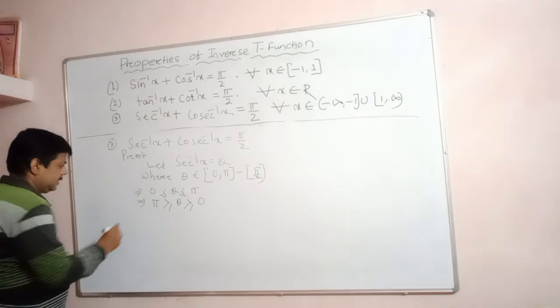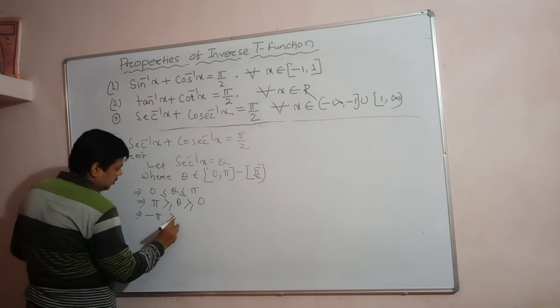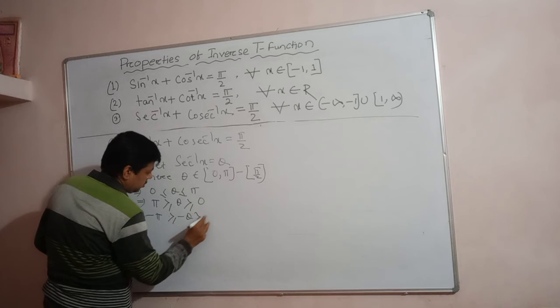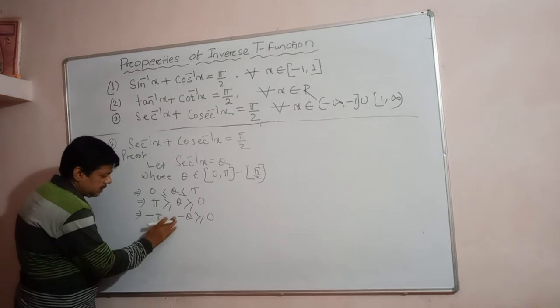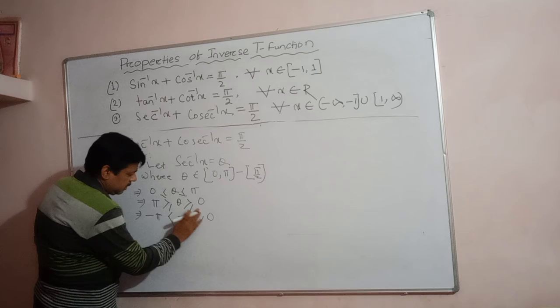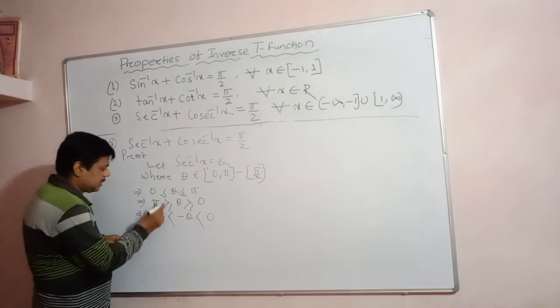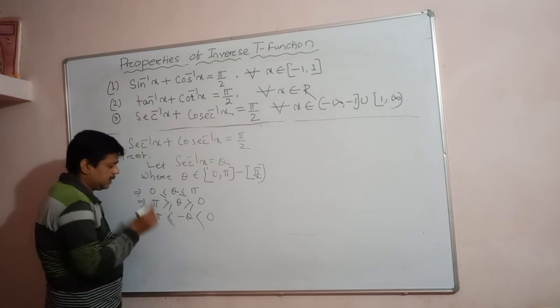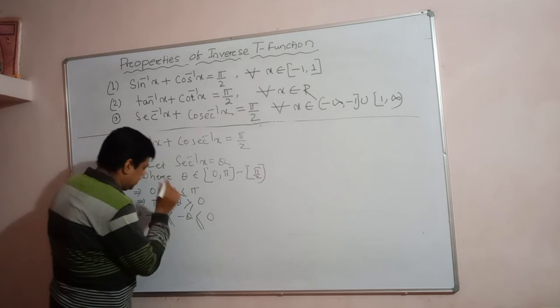Then you do minus pi, greater than or equal to minus theta, less than or equal to 0. Make it negative and the inequality will change. If plus pi, it will be minus pi, and plus theta will be minus theta.